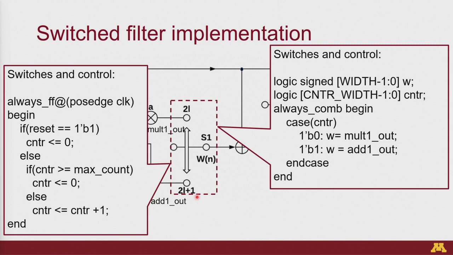Now the question is, how do you decide what the select line is? Whenever you see something of the order 2L, 3L, 4L, the first thing you should think of is implementing a counter. All this says is that you're designing a periodic select line, which has a periodicity of 2 in this case; if it was 5L, it has a periodicity of 5.